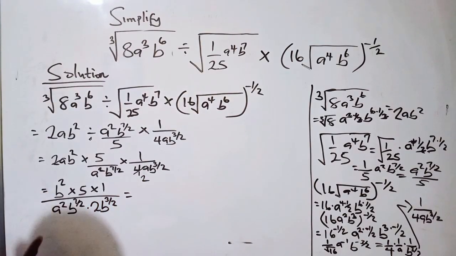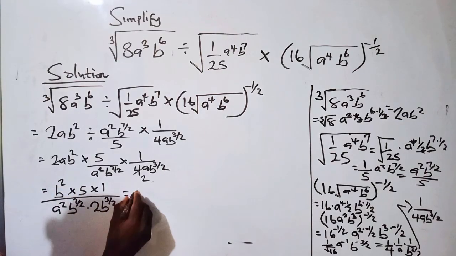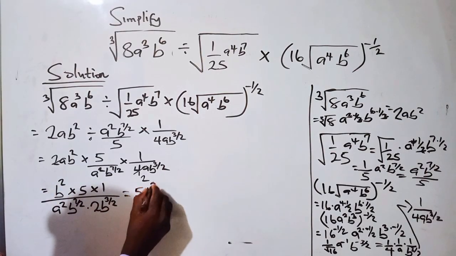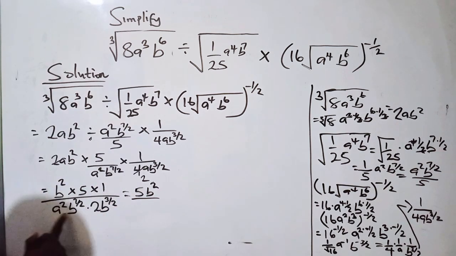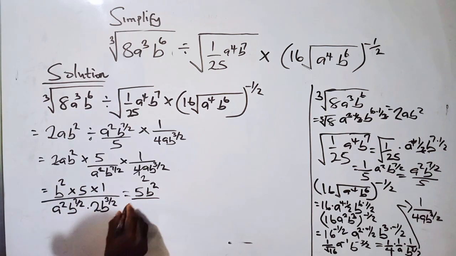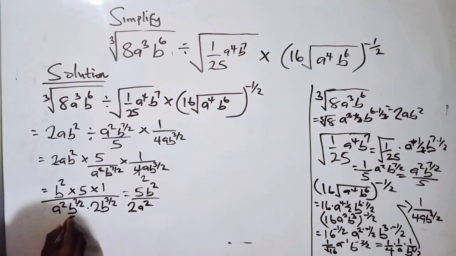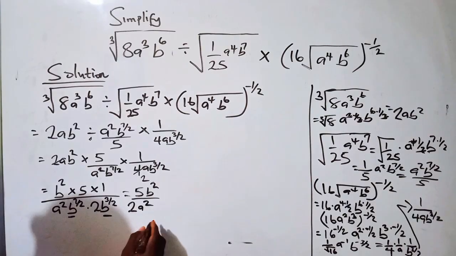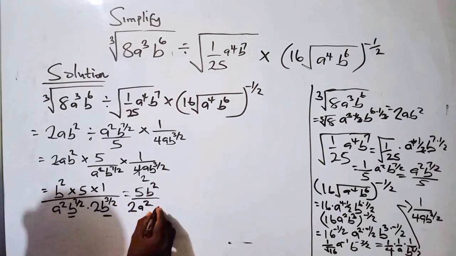When we simplify this further, we multiply the numerator, we have this as 5b squared over, so we have a squared, so we can take this as 2a squared. So for b, we are multiplying, so law of indices, multiplying the same base, we take out 1, which is b.